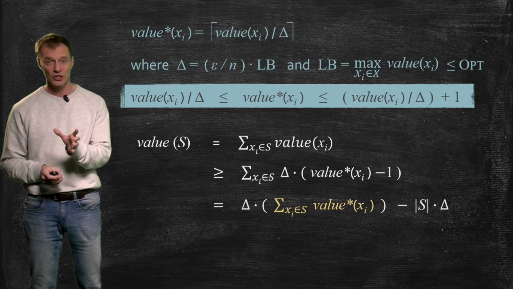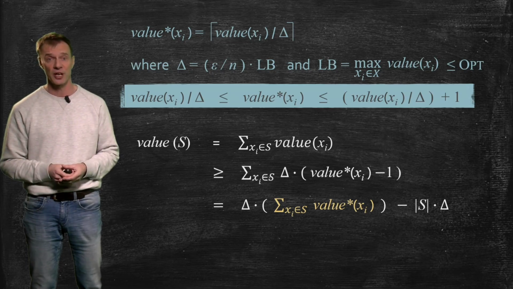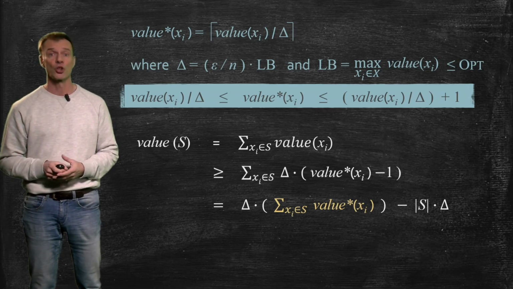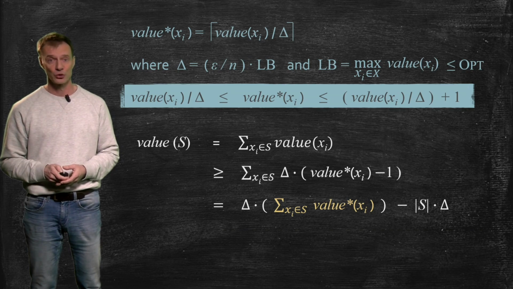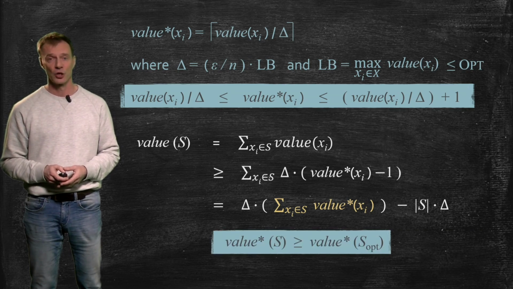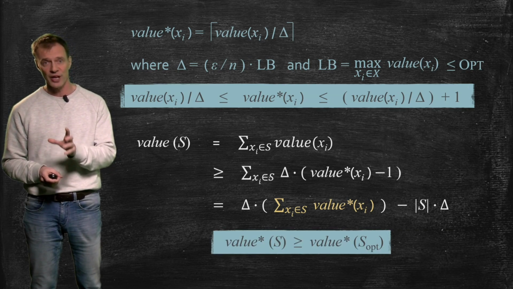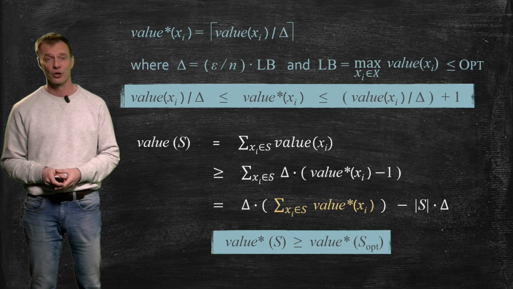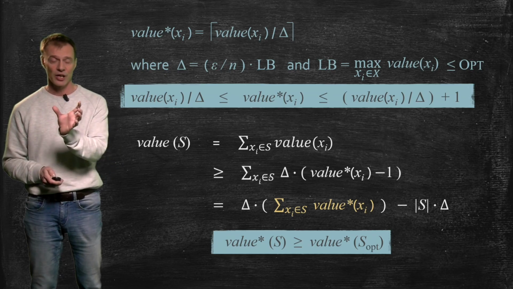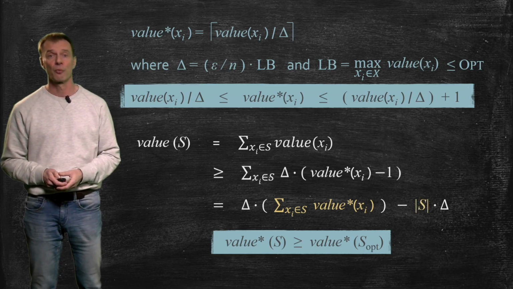In other words, it's the value star of my subset S, and S was optimal for value star. So we had this inequality that said the value star of S is at least the value star of S opt. That explains how we can rewrite the first part of the formula.